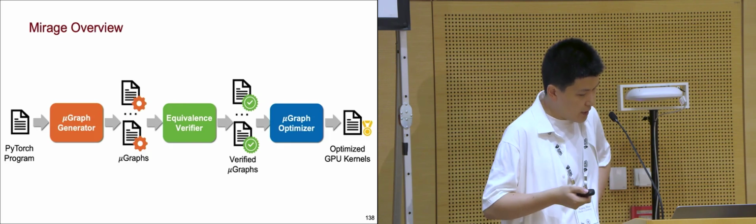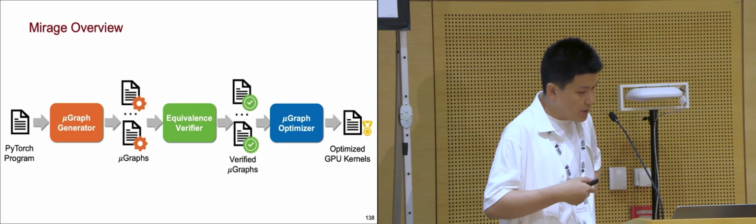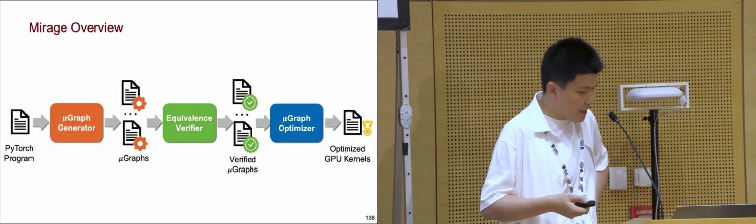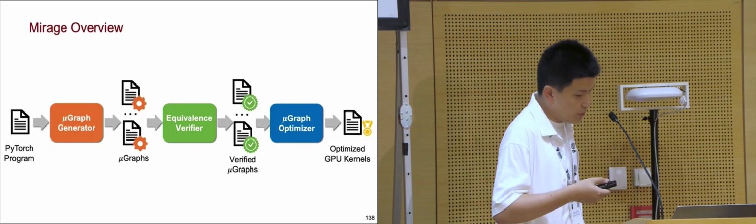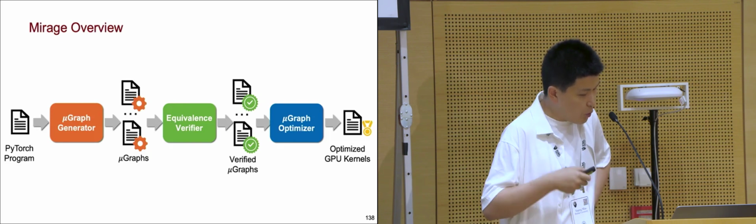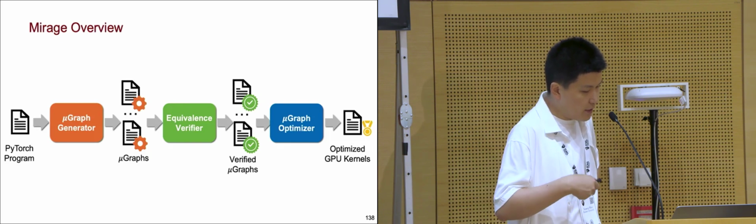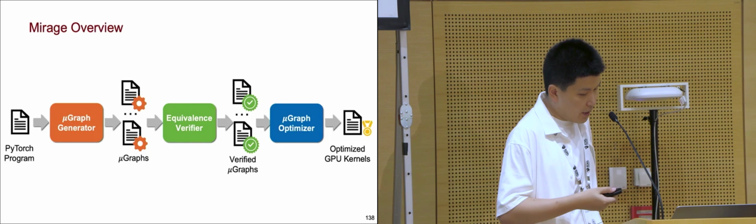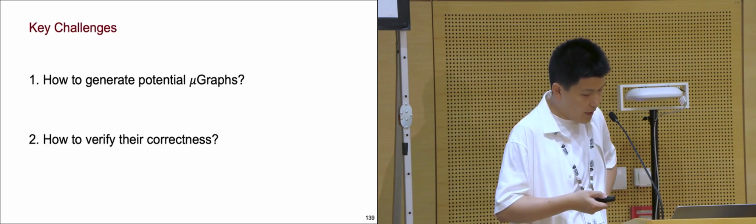And this figure shows the best mu graph discovered by Mirage for group query attention, which is 2.2 times faster than Flash decoding kernels by using 2 additional GPU optimizations. First, Mirage will not use the repeat operators to replicate the keys and value tensors. Instead, we will introduce a reshape operator in the thread block graph.